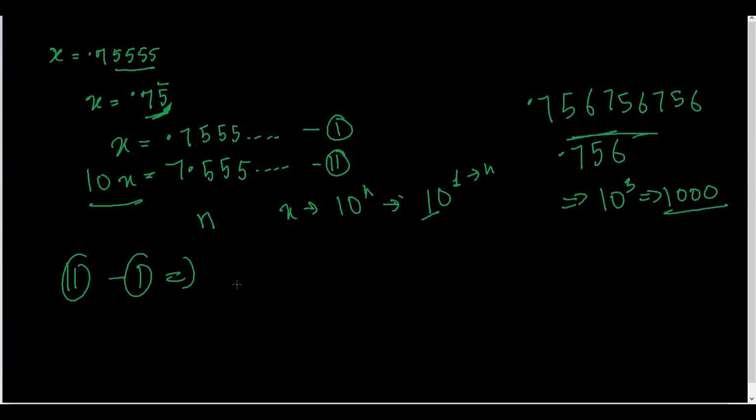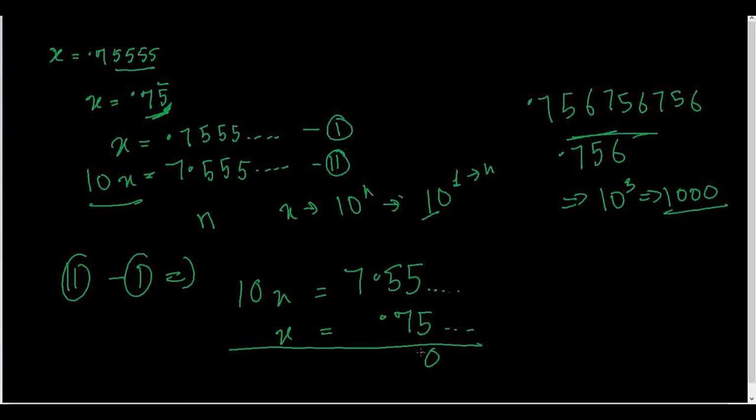We get 10x minus x on the left, and 7.555... minus 0.755... on the right, so 9x is going to be 6.8.